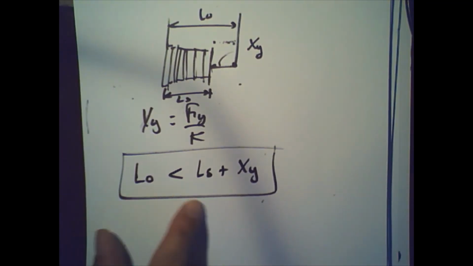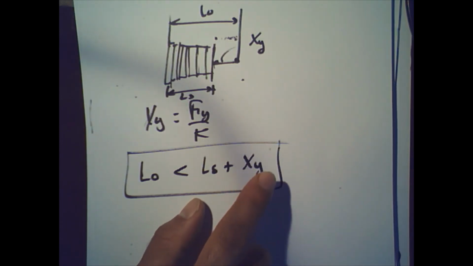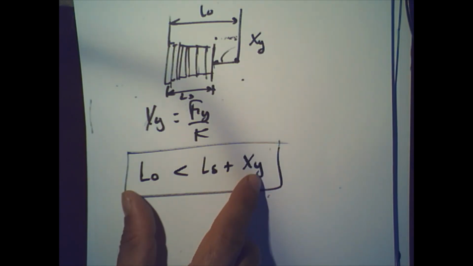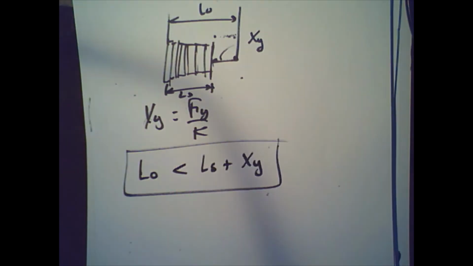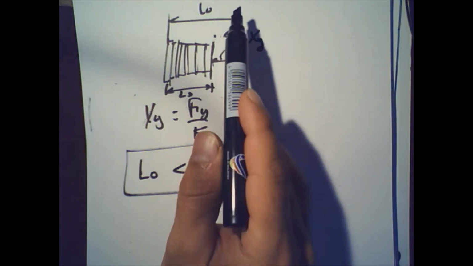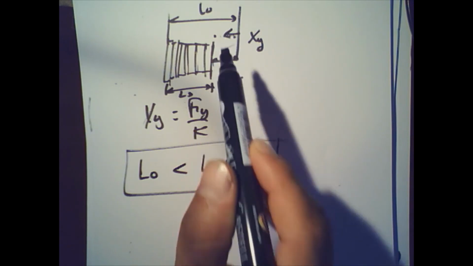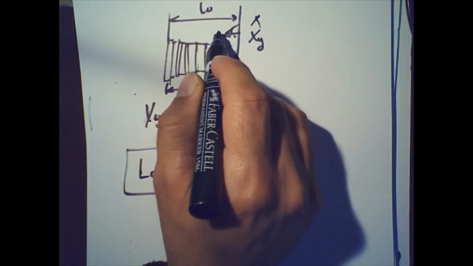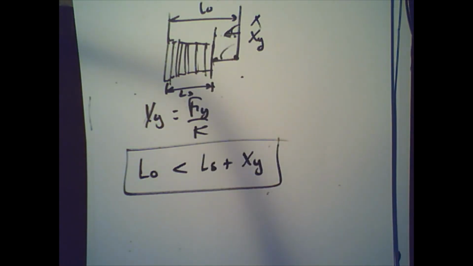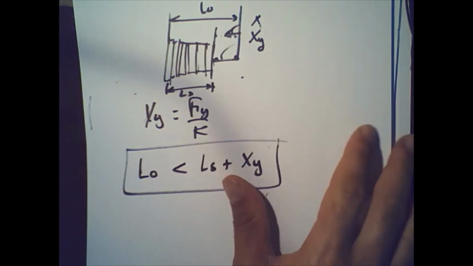But ultimately you would want to have this to make sure that even if you compress xy, starting from the free length of the spring, where you have no forces, right? So starting from the free length, the most deflection that you can create is equal to xy, so that xy plus LS is actually equal to L0.